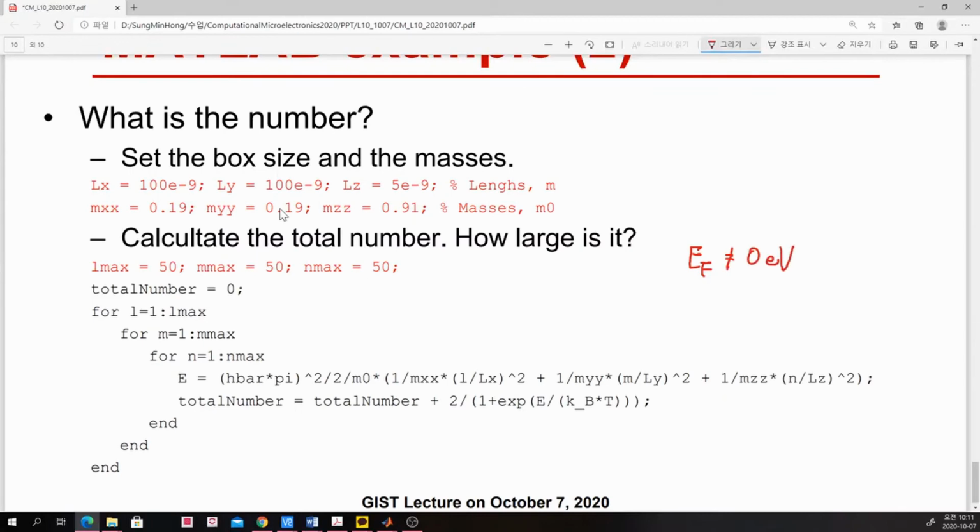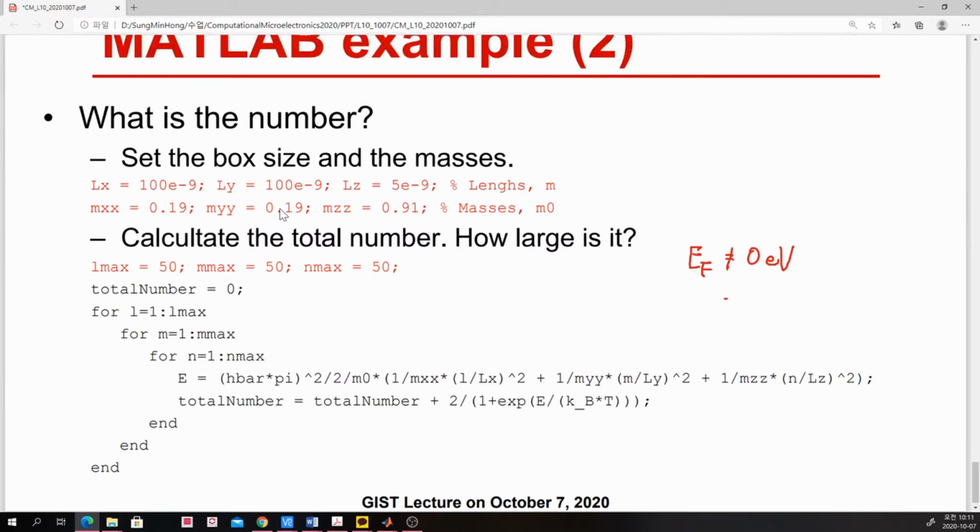Instead of the Fermi level fixed to 0 electron volts, please try to evaluate, for example, a Fermi level of 0.1 electron volts, or minus 0.1 electron volts. What will happen? Of course, you will have more electrons or fewer electrons when you change your Fermi level.